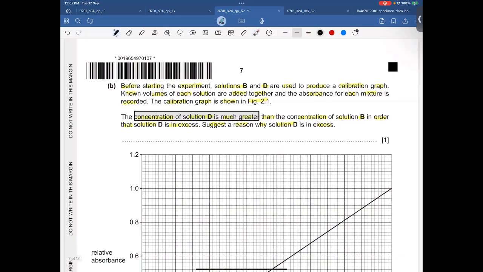So let me write it here. Increasing concentration favors equilibrium towards the right hand side.